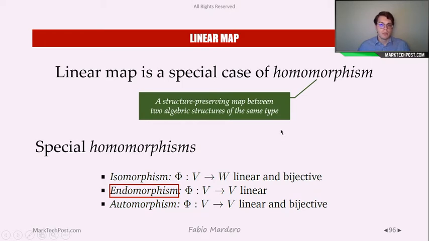So linear maps in linear algebra are said to be a special case of homomorphism. Homomorphisms are maps that preserve some sort of properties or conditions between two algebraic structures of the same type, of course.